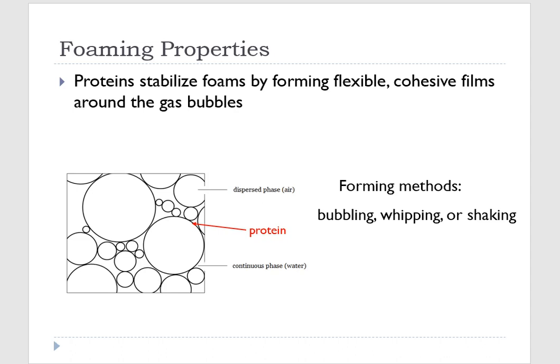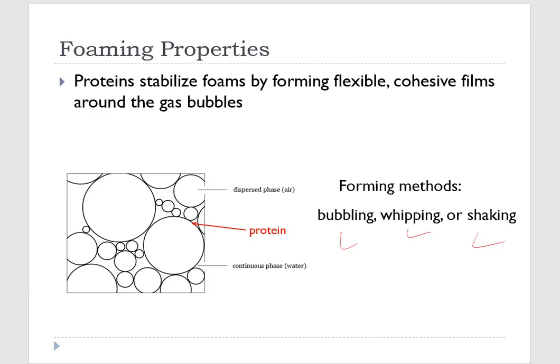Proteins also stabilize foams by forming flexible cohesive films around the gas bubbles. Foams consist of a gas phase, a liquid phase, and a surfactant, which are proteins. By bubbling, whipping, or shaking, you can form foams.